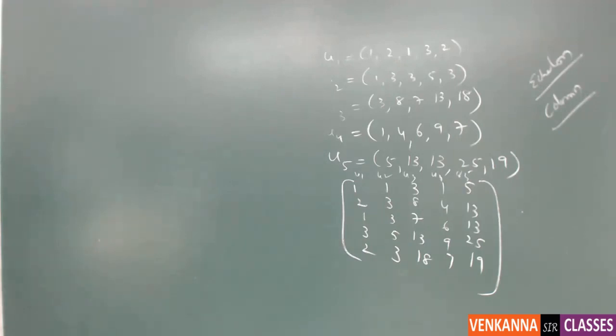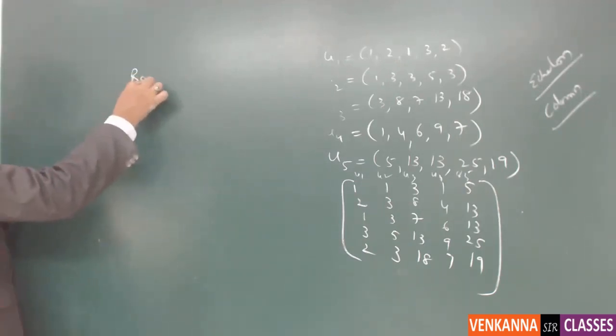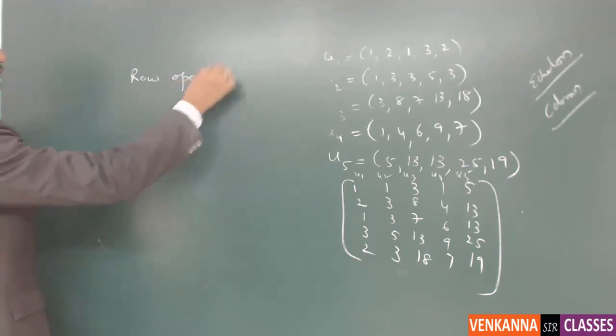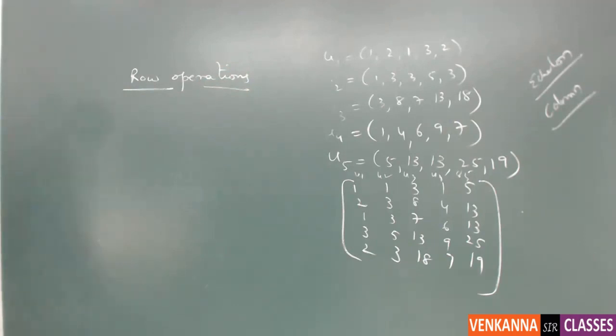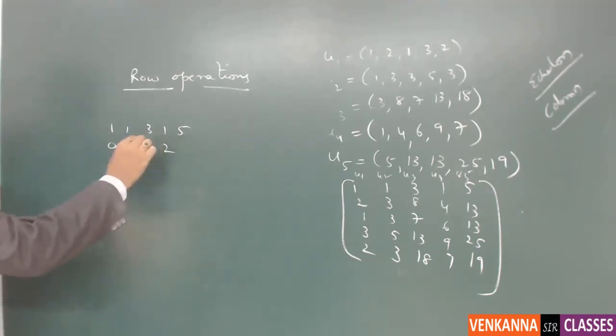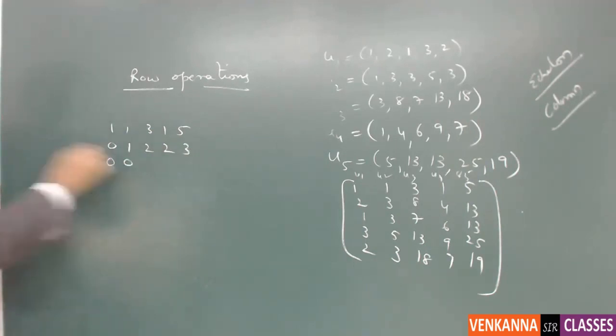Then, after applying row operations, I think you are going to get a resulting matrix as 1 1 3 1 5, 0 1 2 2, maybe some value 3, again 0 0 0 1 2, let me say, and the other values as 0.